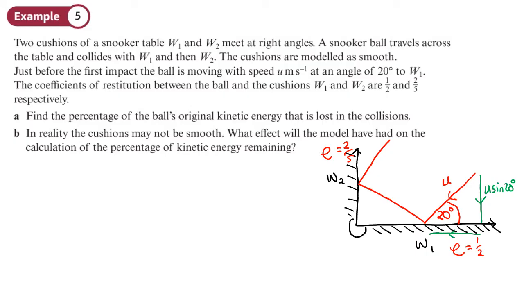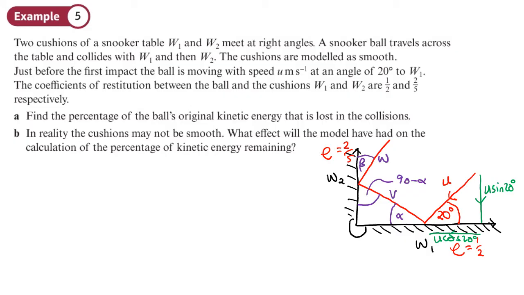Down at the bottom here we will have u cos 20. If we call this velocity v and this one w, and we call this angle here alpha, then this angle here is going to be 90 minus alpha, and we'll call this angle here beta.